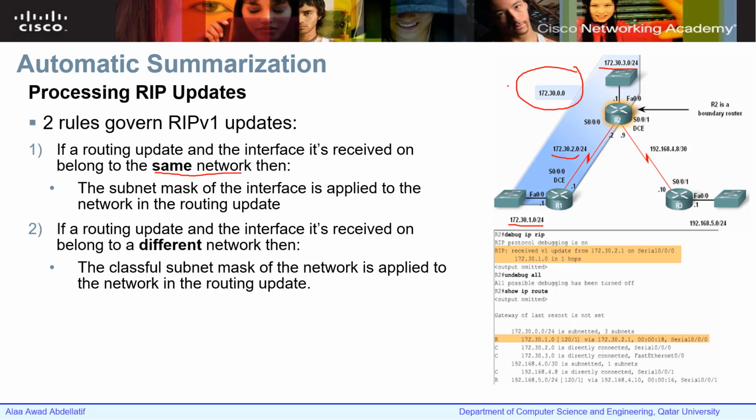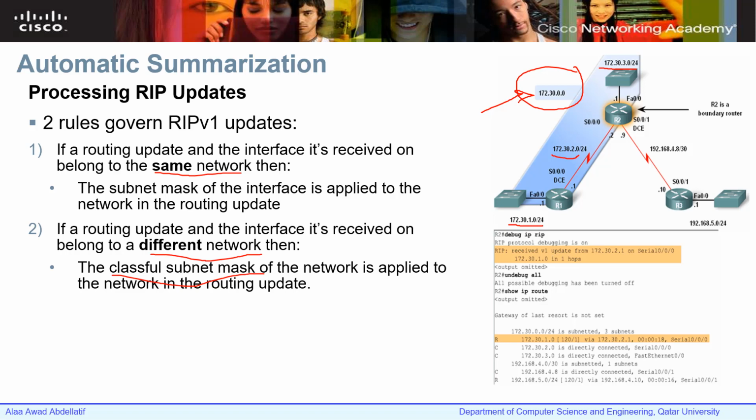If routing updates are exchanged between interfaces of different networks, in this case the classful subnet mask is applied. When I exchange updates between different networks, I will send the classful subnet mask or the classful IP.